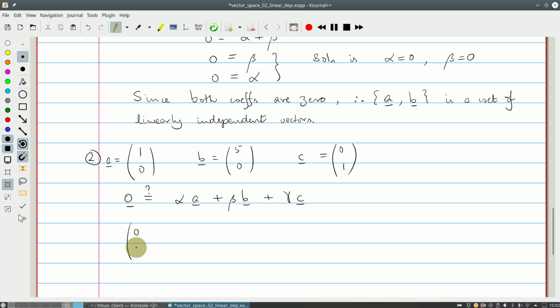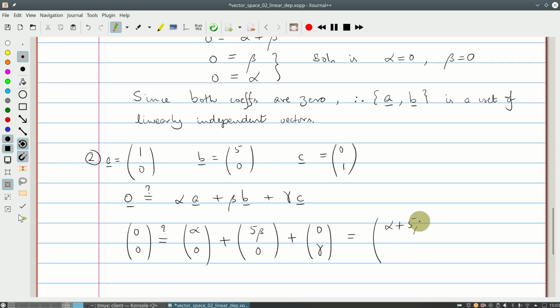So our 0 vector is (0, 0). I'm going to do this quickly now. Alpha A is simply (alpha, 0) plus (5 beta, 0) plus (0, gamma), which is alpha plus 5 beta in the first line, and in the second line we just have gamma.